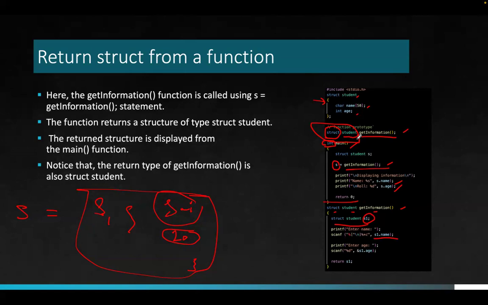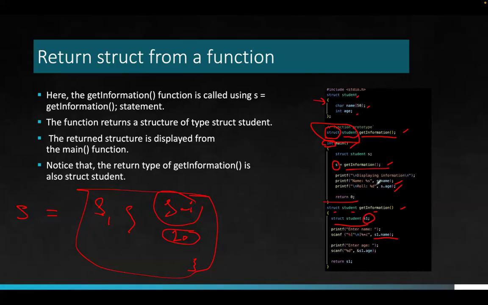One is I want to make use of the structural properties of a student, and at the end of this function, I need to return the structure variable of the same type as the student. So that is the reason we have used student over here.